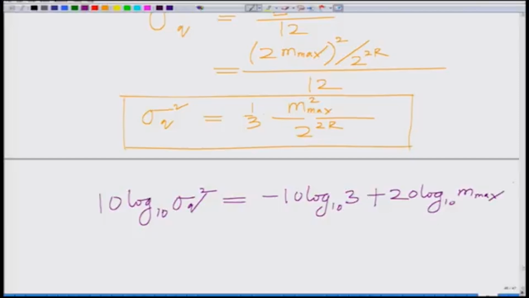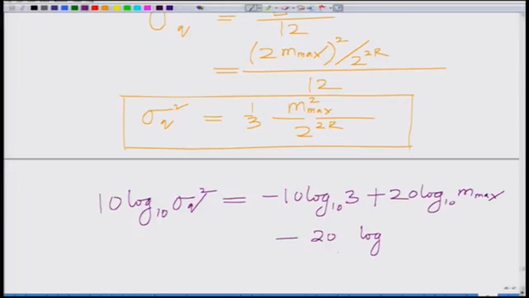20 log 10 to the base m max minus 2 r, that is minus 20 r. So, 2 to the power of 2 L equals 2 to the power of 2 r, so divided by 2 to the power of 2 r.